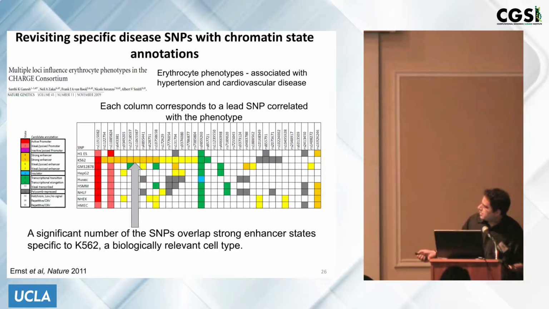The columns correspond to different lead SNPs at different independent loci, and what you're seeing here is a block of these SNPs specifically in what we were characterizing as strong enhancers in K562 cell types. And if you're familiar with the biology of these different cell types, this is specifically the biologically relevant cell type.